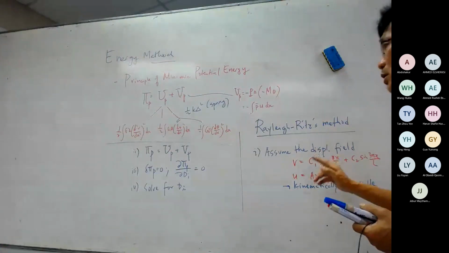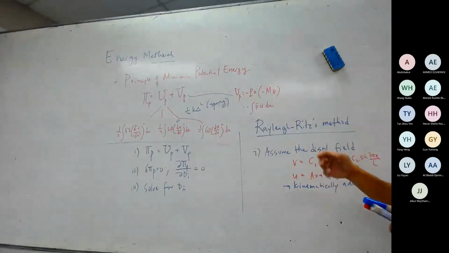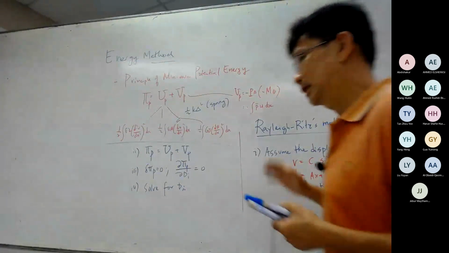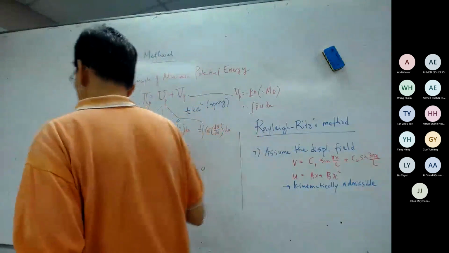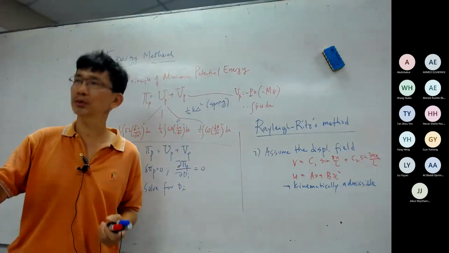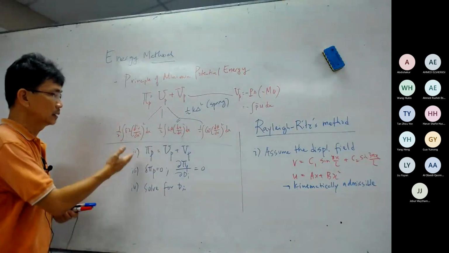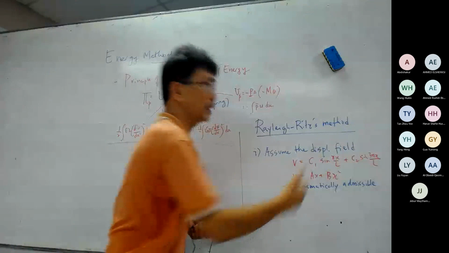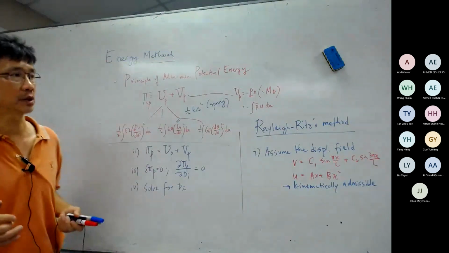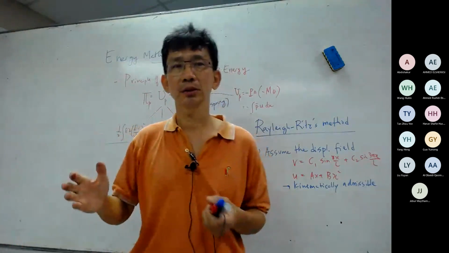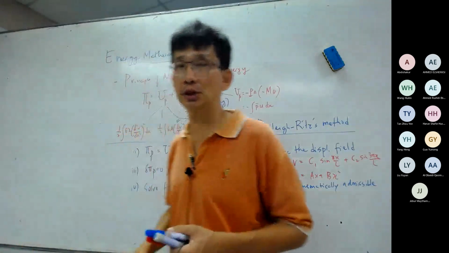For an axial problem, if it is a quadratic field, then it is the second term here, quadratic. But if an assumed displacement field is already stated, given to you, then we have to make use of that. And if you are asked to check if it is kinematically admissible, then you have to check. Checking kinematically admissible means making sure that the kinematic boundary condition is satisfied.